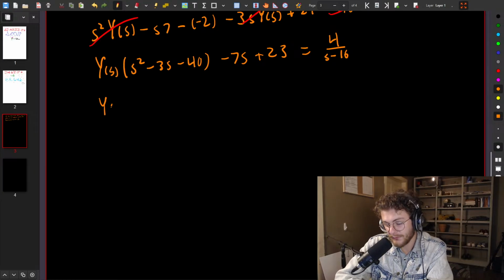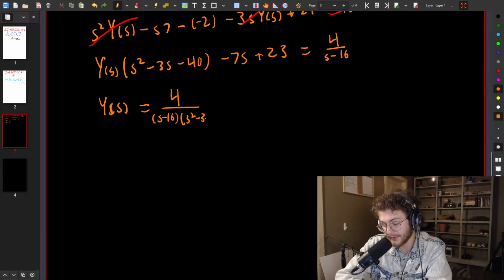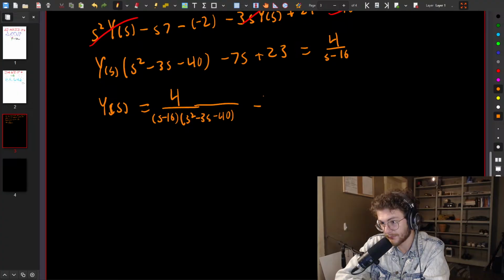So Y of s equals 4 over s squared plus 16 times s squared minus 3s minus 40, minus 7.